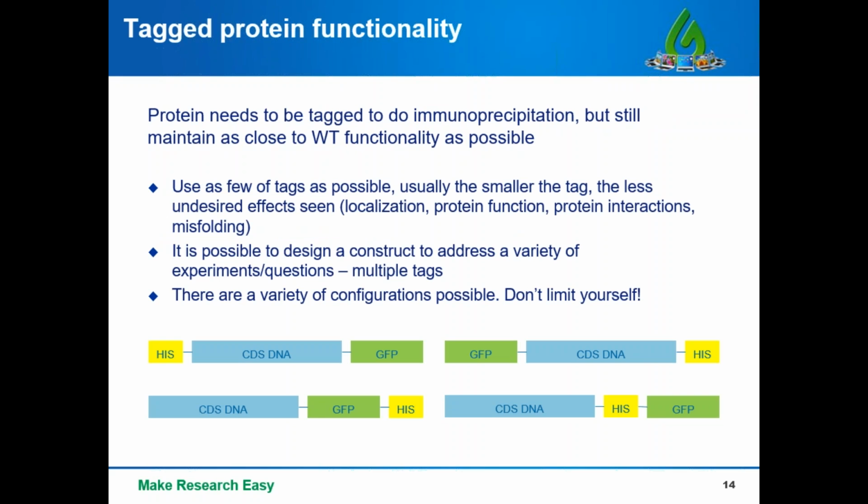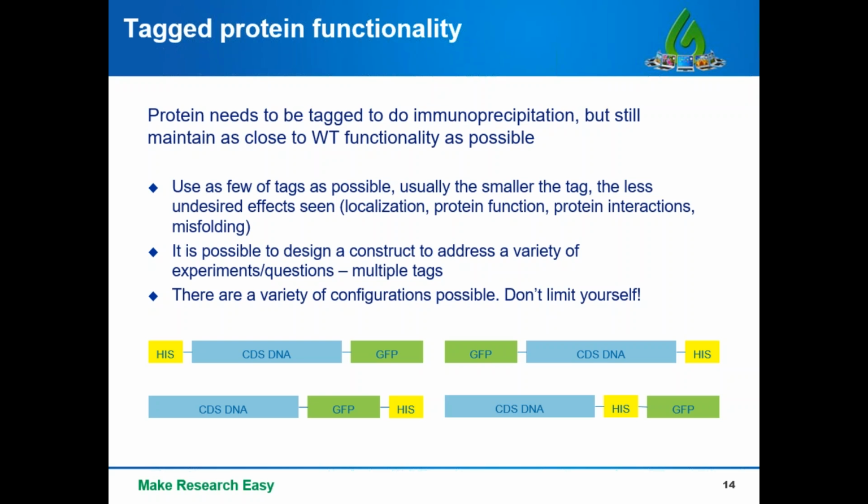A little bit about your tag protein functionality. The protein actually needs to be tagged to do immunoprecipitation, so that the antibody localized onto the beads is able to bind your protein of interest. But you still need to maintain as close to wild-type functionality as possible, so that whatever results you're getting mimic what you see naturally in the cell.